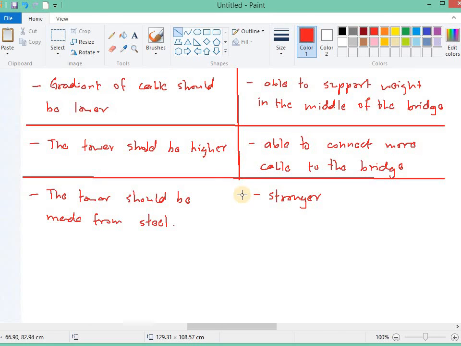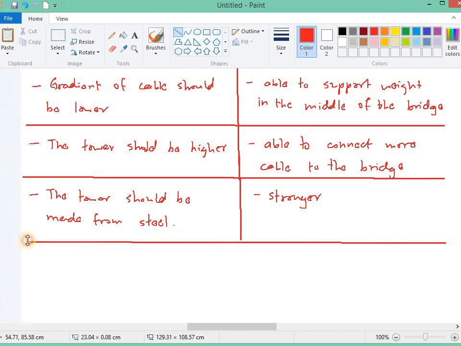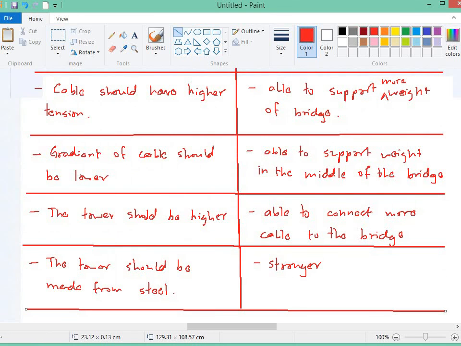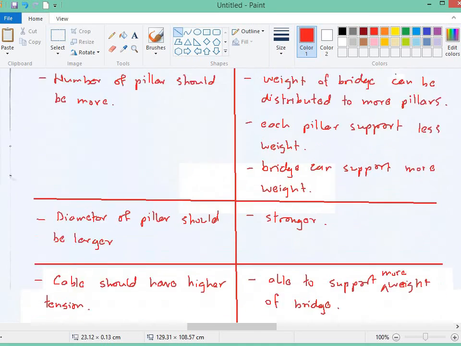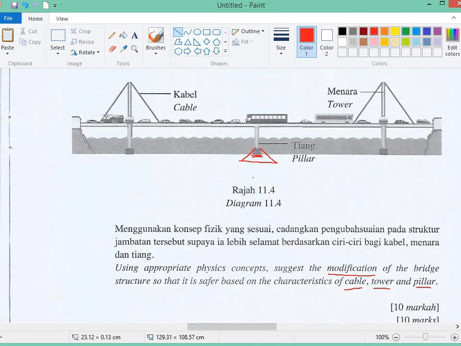Okay, like that. The cable also can. If you want, you can say the cable should be made from steel. For concrete, you can say it for the pillar maybe. The pillar is concrete, stronger, and can also resist corrosion from seawater.